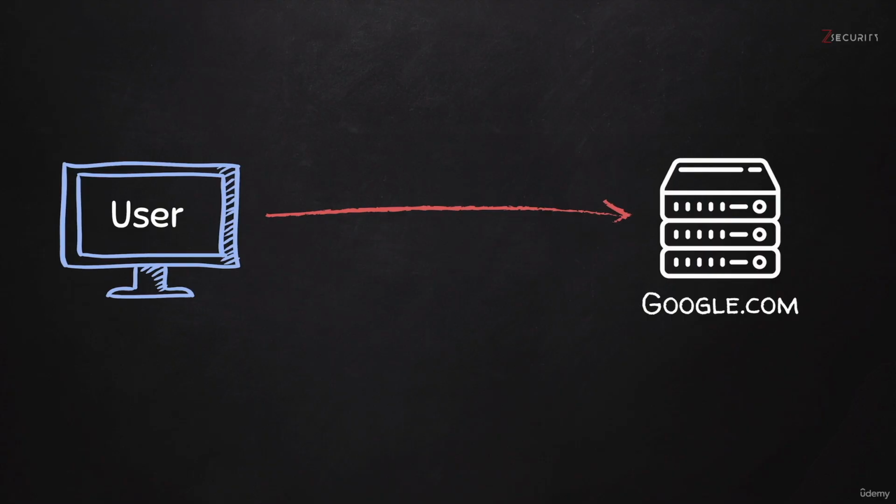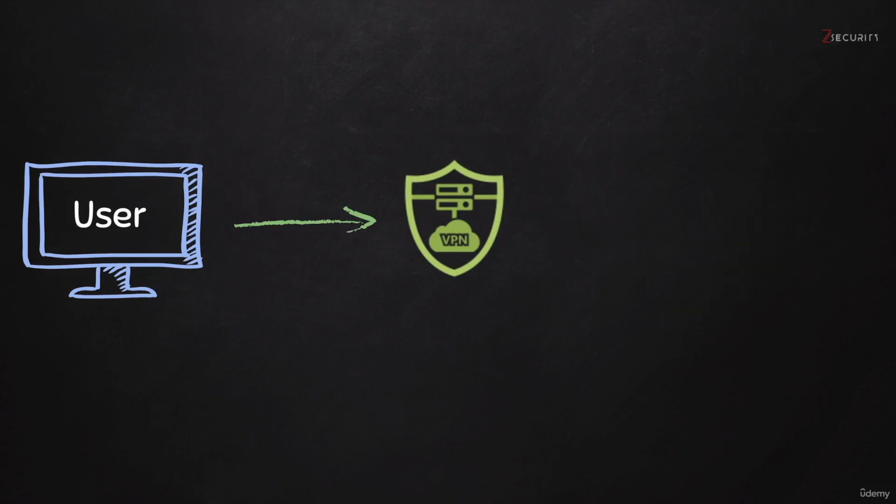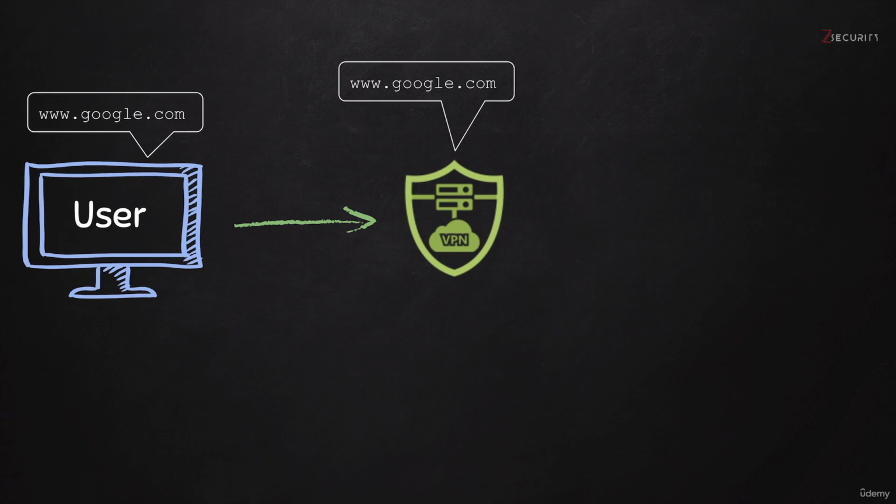Now, when you use a VPN, you connect to a VPN server in a certain country. And when you do that, you create an encrypted tunnel between your computer and the VPN server. So let's say you want to go to google.com. That request will first be sent to the VPN server.